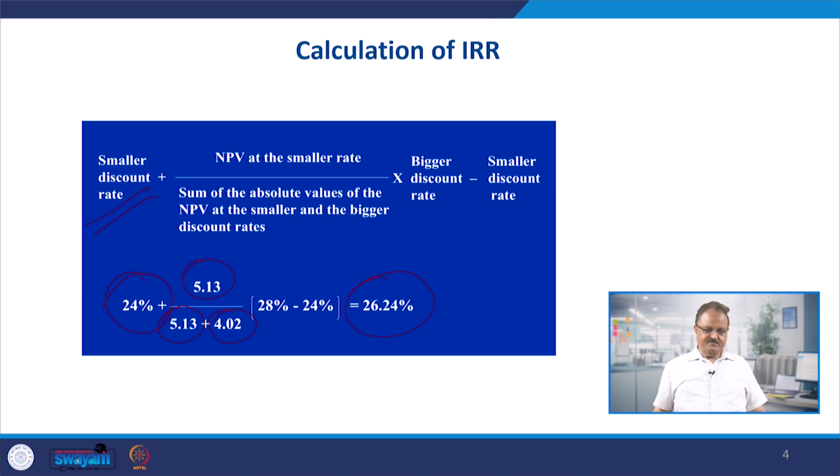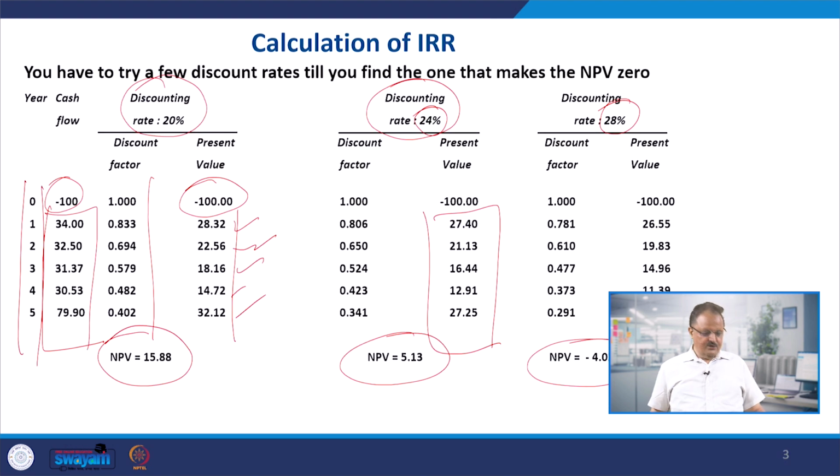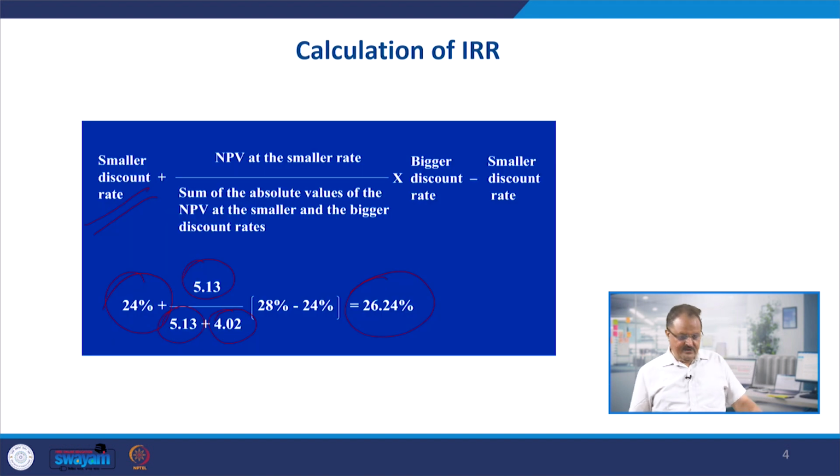In the present case, we discounted the cash flows at 20%, still positive, 24%, still positive, and at 28% it became negative. So it lies between 24 and 28%, and exactly it is 26.24%. This is the way we calculate the internal rate of return.